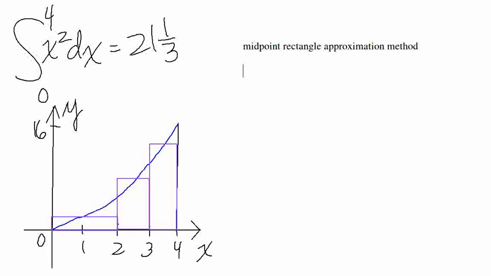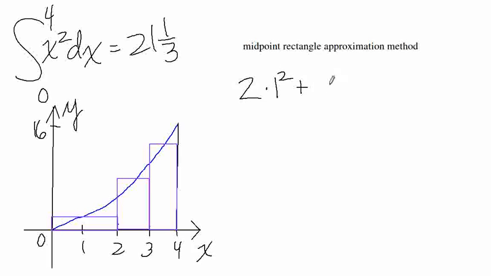Now, let's go ahead and get the number that these rectangles would give us for the approximation to this integral. So the leftmost rectangle has a width of 2, and the height is with respect to x equal to 1, so I'm going to use 1 squared for the height.